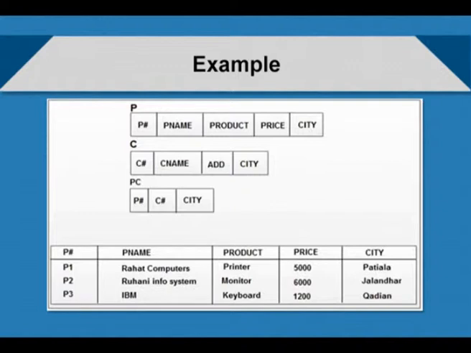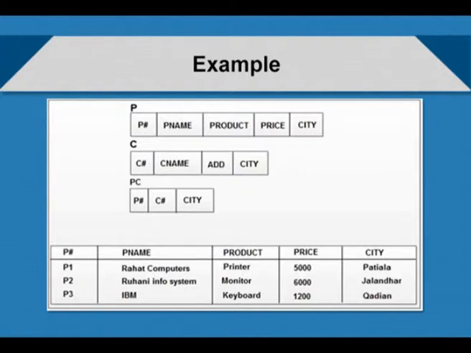Here we can see one example: a part table, a customer table, and another interrelated table. This description is called the schema: part number, part name, product, price and city. Then in the second table, C, customer number, customer name, address and city.